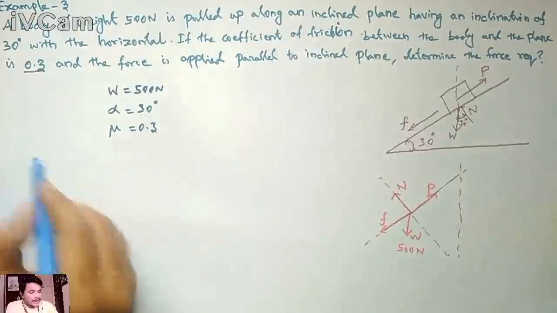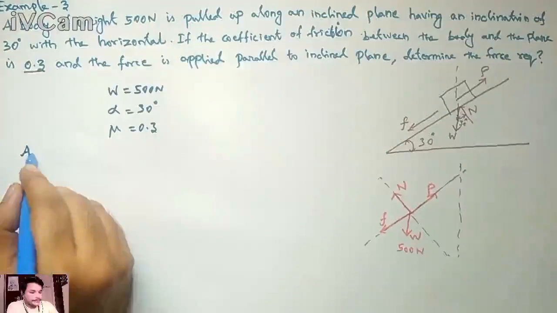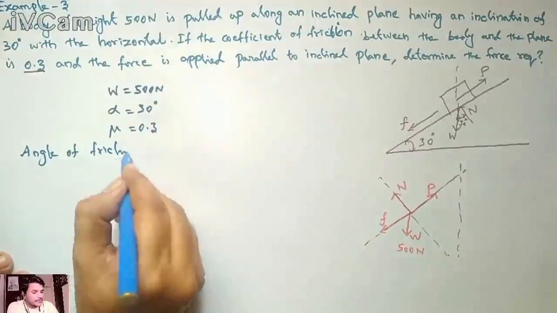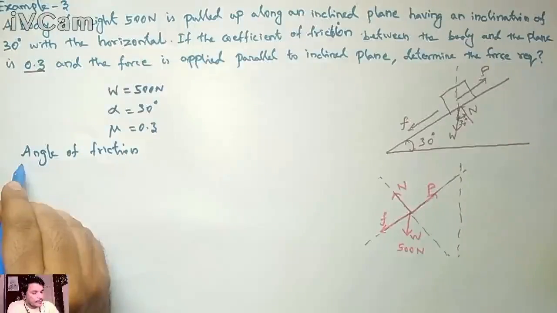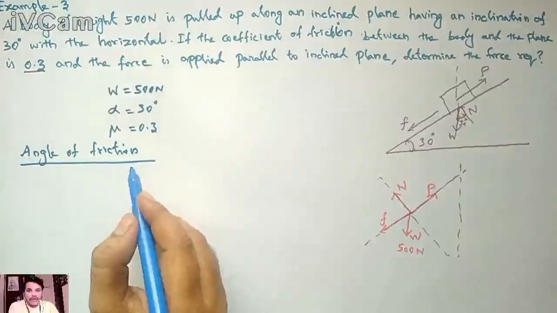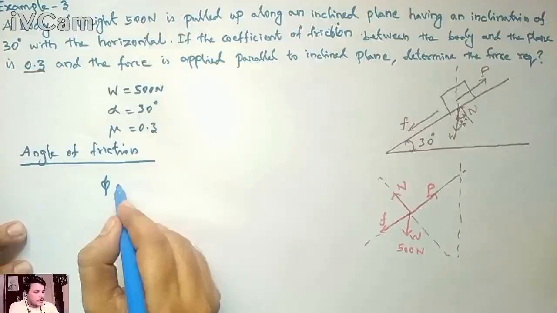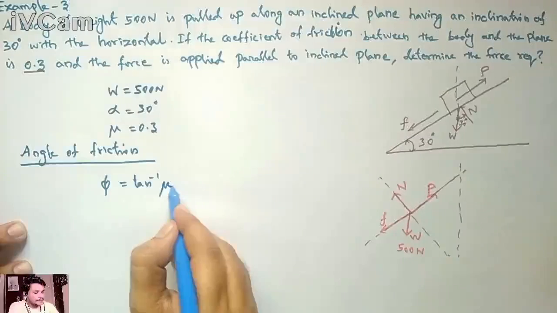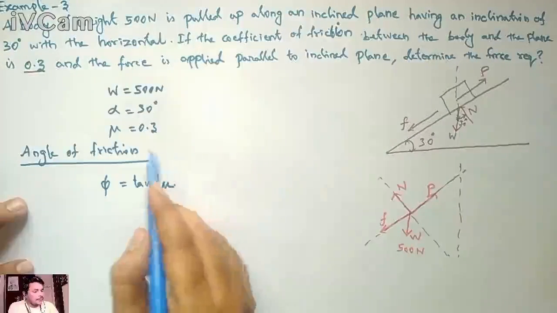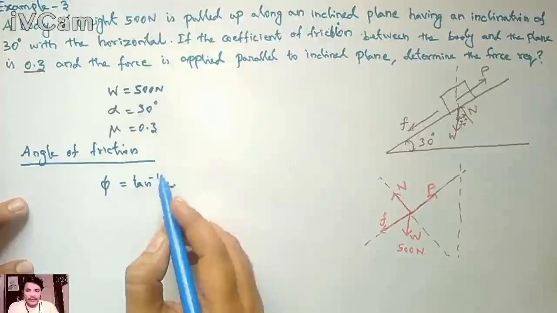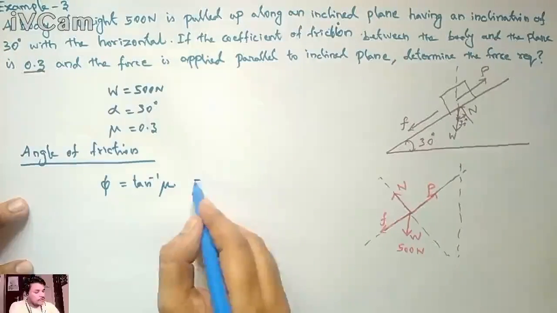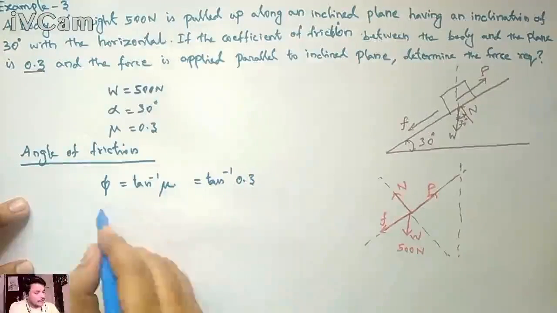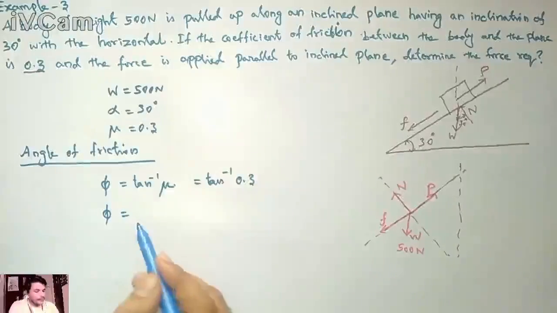Now let me calculate the angle of friction. We know the formula, phi equals tan inverse of mu, where mu is the coefficient of friction. So phi equals tan inverse of 0.3, and you will get the phi value.